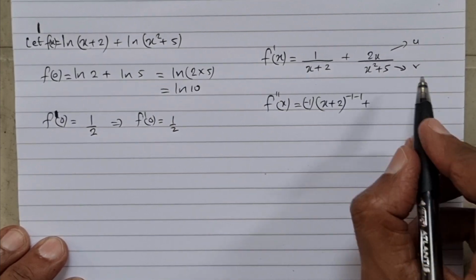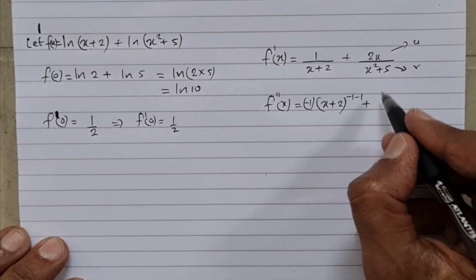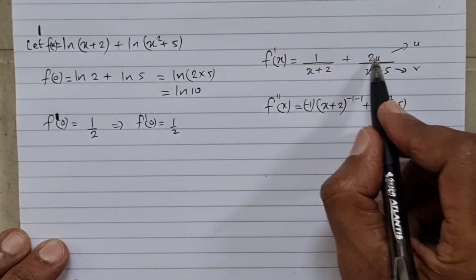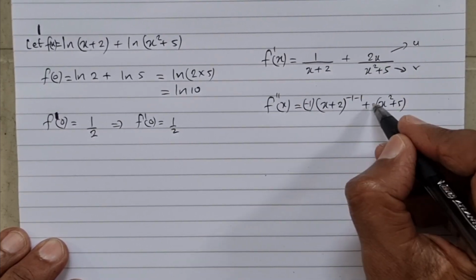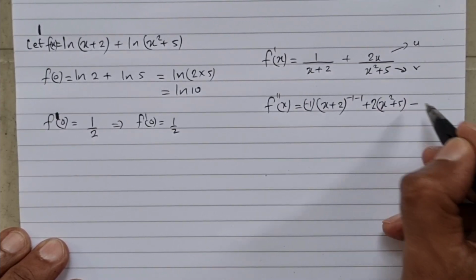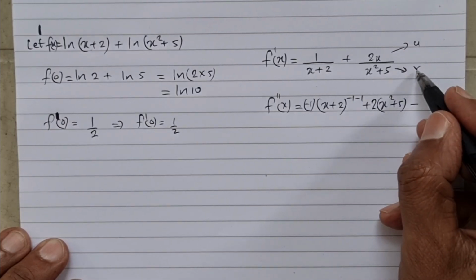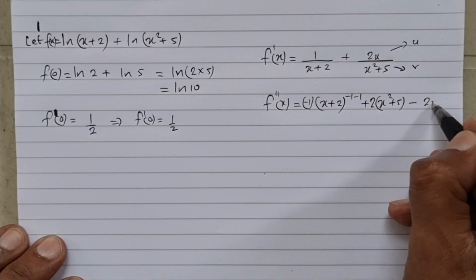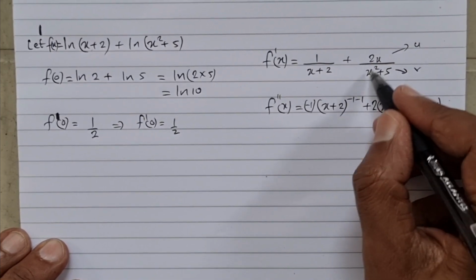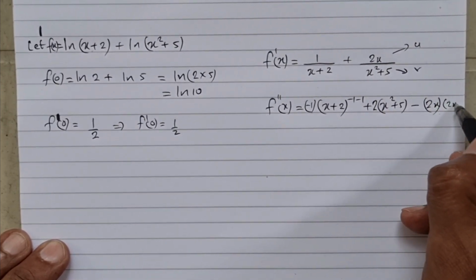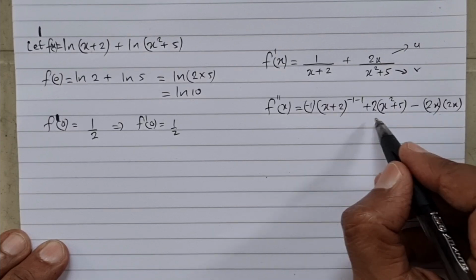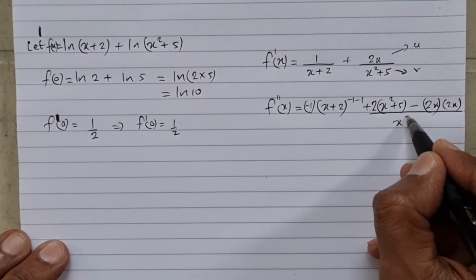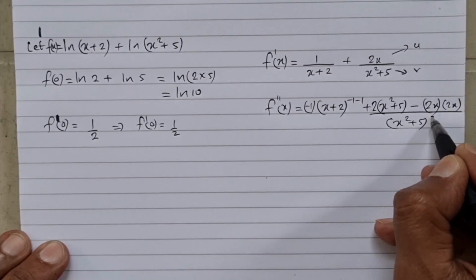So I'm going to say plus v, the denominator, x squared plus 5, times the derivative of the numerator, which is 2, and then minus u dv/dx, where u is 2x and the derivative of the denominator is 2x, and all of that over v squared, so over (x squared + 5) squared.